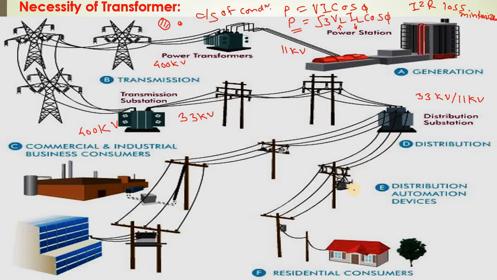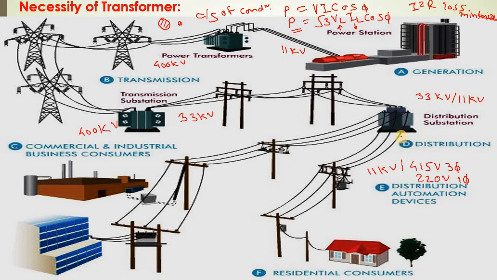Again there is one more transformer located near to the consumer end, and that will convert this 11 kV into 415 volt three phase. In single phase it will have 220 volt. So 220 volt is for residential consumers, and 415 volt three phase is for commercial or agricultural consumers. Likewise the voltage will again step down.